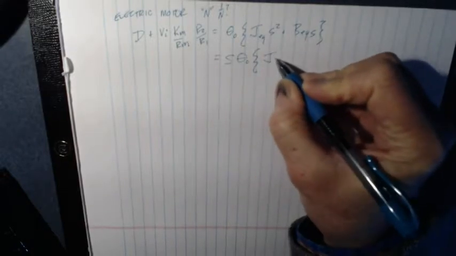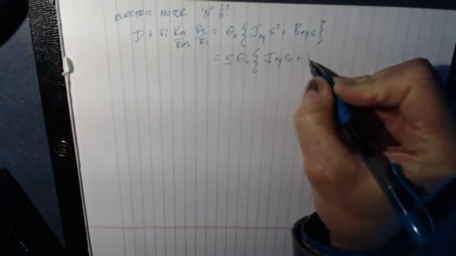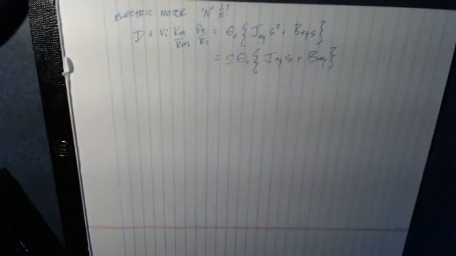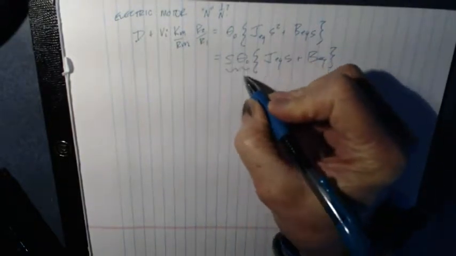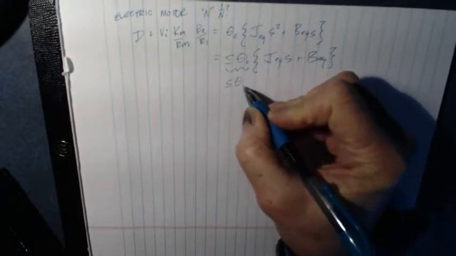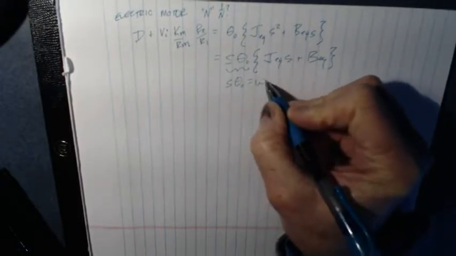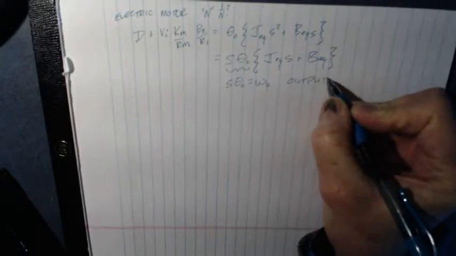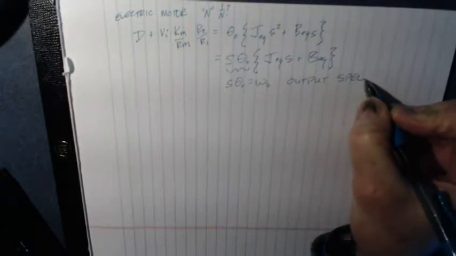This is going to be J equivalent S plus B equivalent. So what I've done here is I've made this be S theta 0 equals omega 0. This is the output speed. Right? So now we're looking at the output speed, not the output position. We'll look at the position again, but for now I'm just going to look at the output speed.